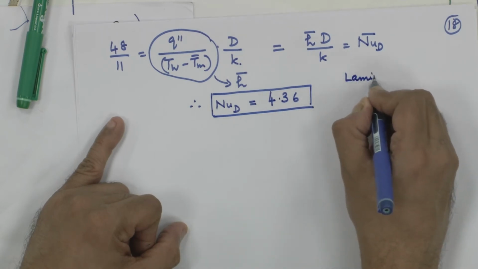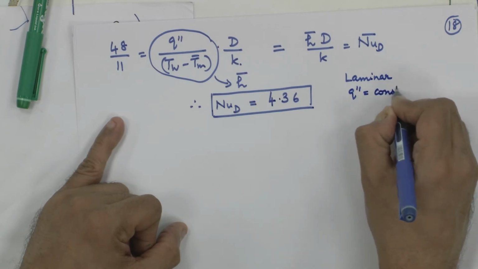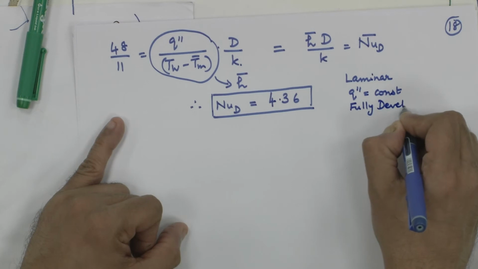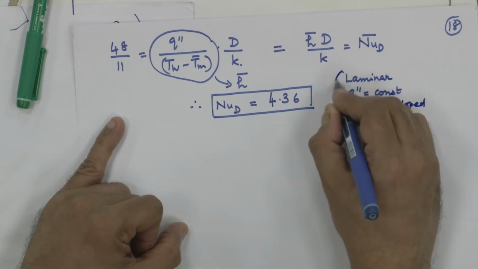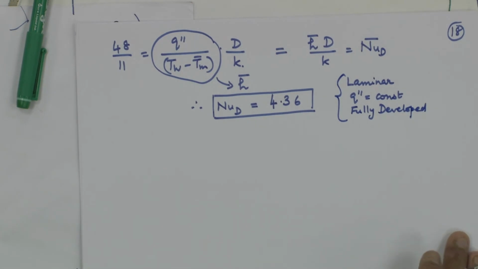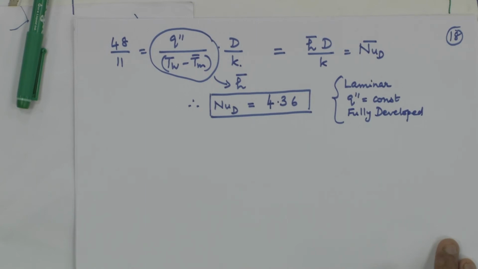Laminar flow, constant wall heat flux, fully developed, and a bunch of other assumptions which we wrote there. Constant properties, incompressible Newtonian fluid, no variation in theta direction, no volumetric heat generation, viscous dissipation neglected.